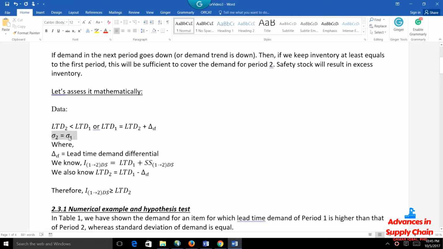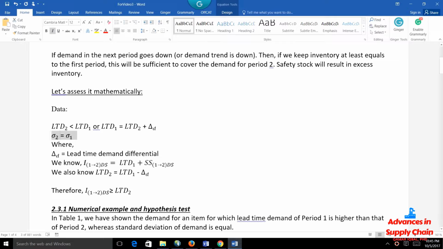So I'm assuming that the standard deviation of demand for period 2 equals the standard deviation of demand for period 1. It won't make a big difference. You can also use a variable standard deviation, and the result would be the same.